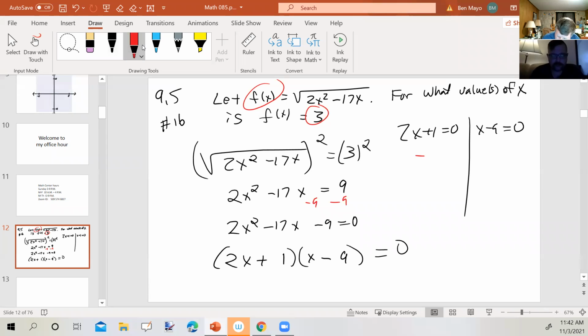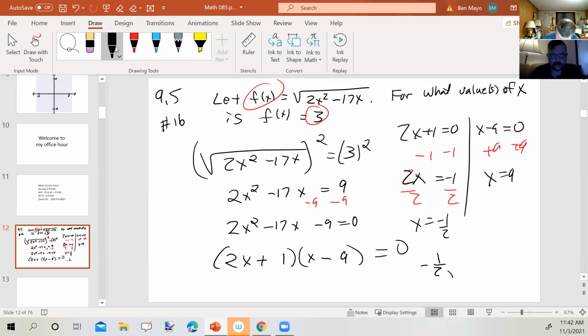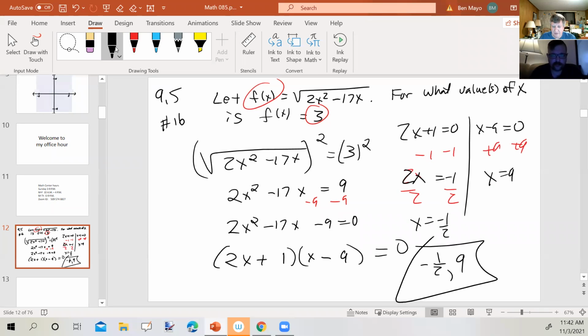If 2x plus 1 equals 0, 2x equals negative 1, divide by 2, we get x equals negative 1/2. If x minus 9 equals 0, we add 9 to both sides and we get x equals 9. So our two answers are negative 1/2, comma, and 9. Any questions about that one?